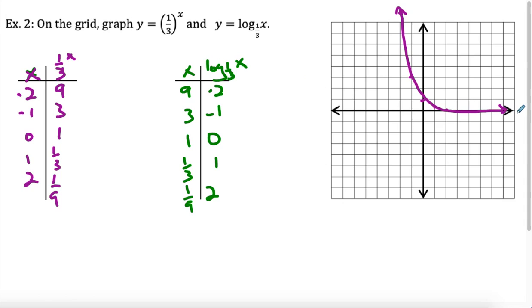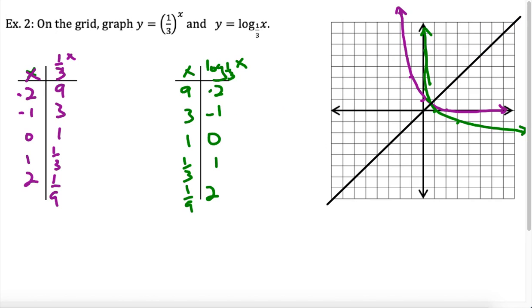So this would look something like this. 3, -1, 0, 1/3, 1. Right, so we get something that looks like this for that log. And we can see that these are actually reflections of each other across the line y equals x.